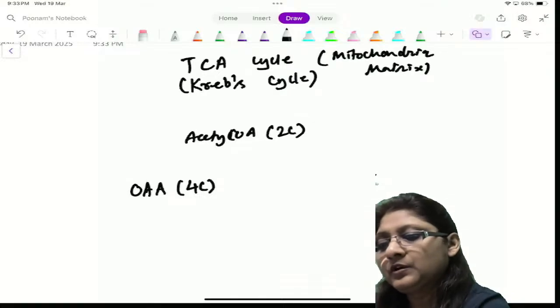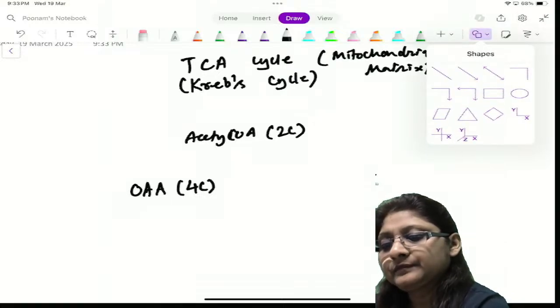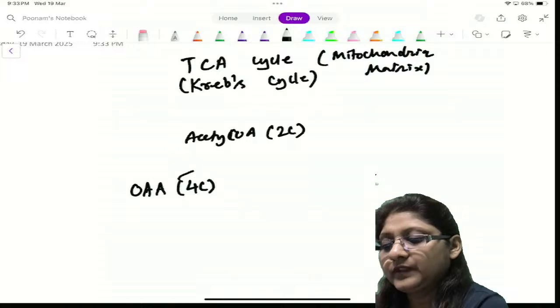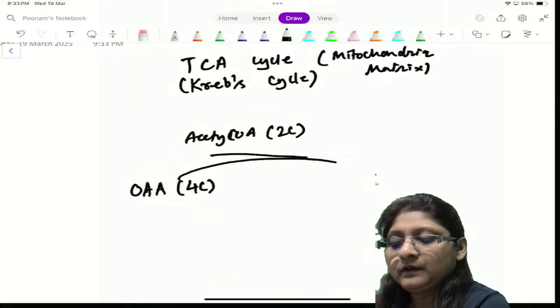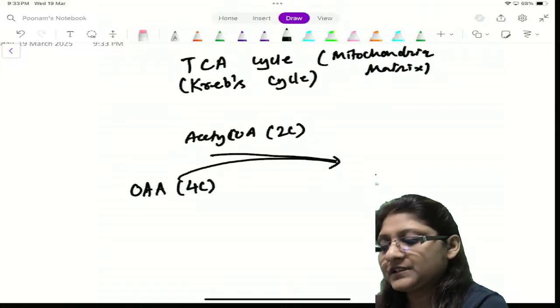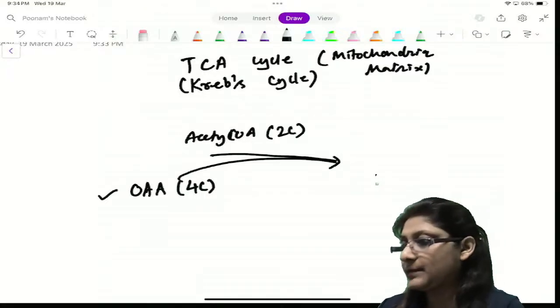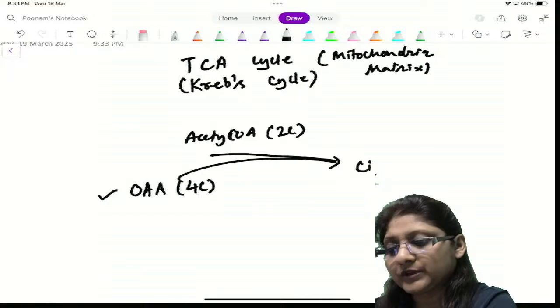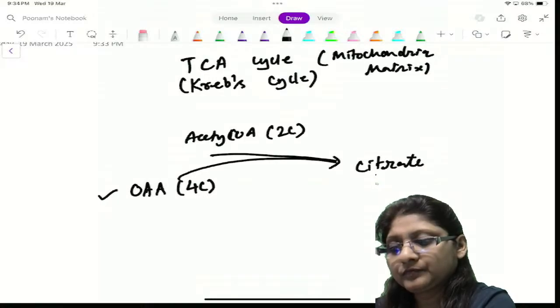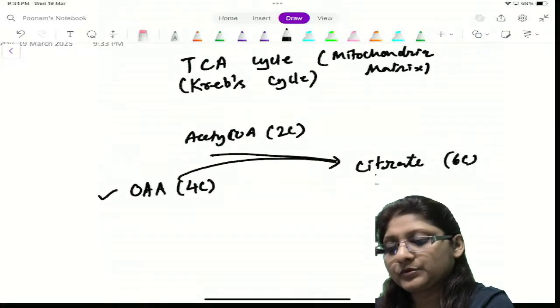The 4-carbon oxaloacetate is there in the TCA cycle, and it is the first substrate. It combines with the 2-carbon acetyl-CoA to make citrate, which is a 6-carbon compound.